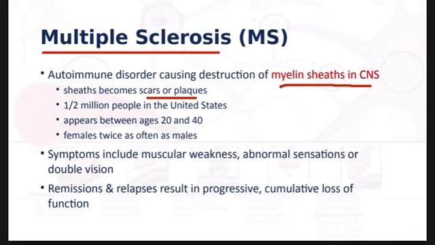يعني I know 2 people who have MS صغار بأعمارهم, هذا هو, it appears between the ages 20 to 40 بالأعمار الصغيرة. Usually happens in female more than male. We don't know why. Symptoms include muscle weakness, abnormal sensation, or double vision.